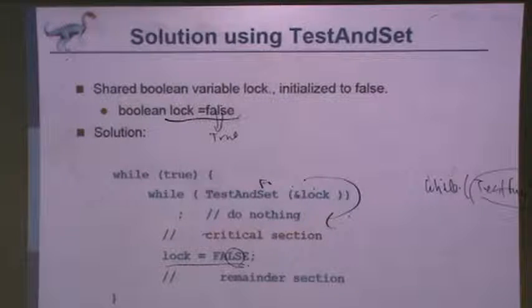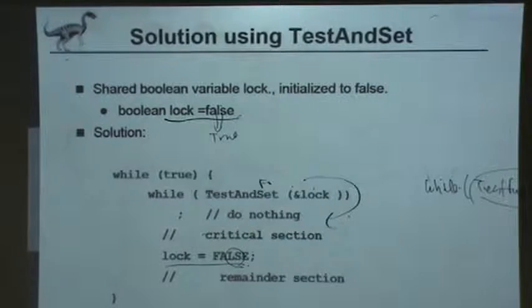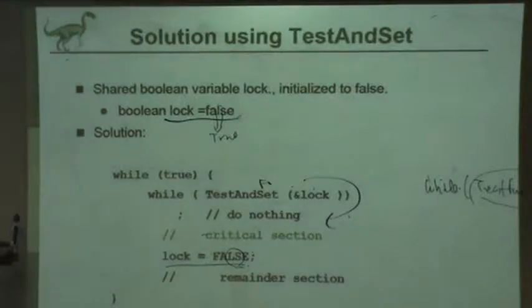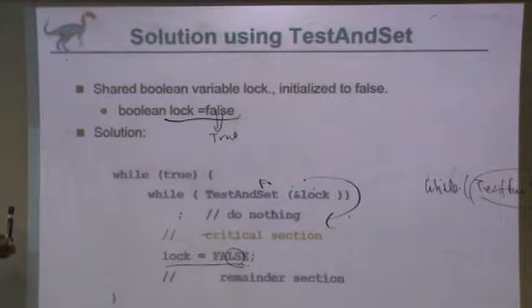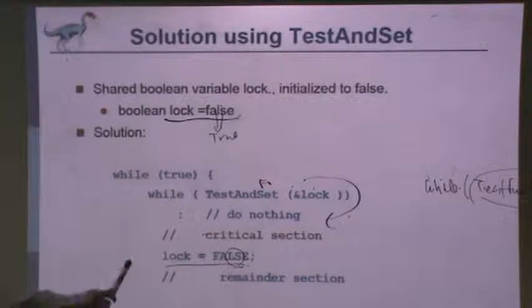Benefit? It's very fast, right? Because it's at the instruction layer. It's very fast and efficient. The problem is we need to check whether the three requirements are satisfied. First, mutual exclusion: yes, because only one process can get the lock. What about bounded waiting and progress? It's the same problem.